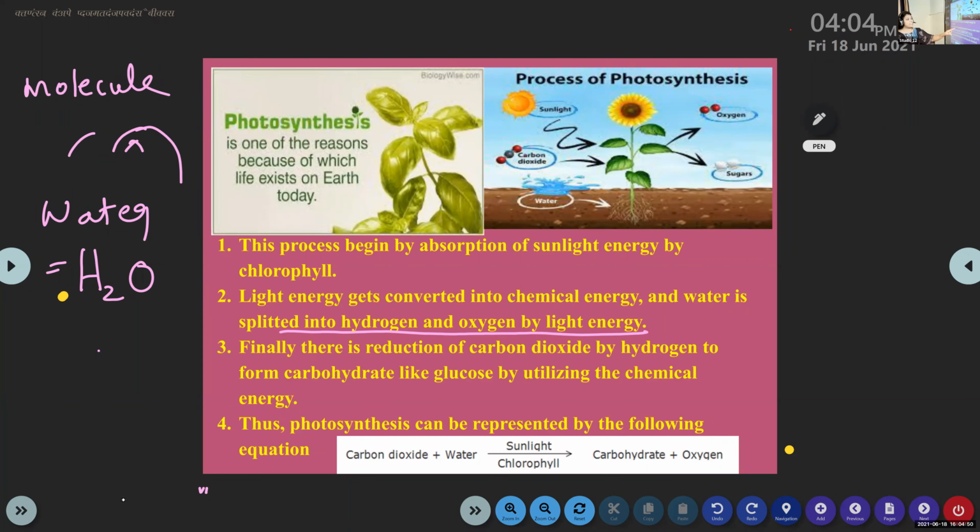Similarly, I taught you, so what is happening in the second part? In photosynthesis, what will happen? The plants will receive sunlight energy with the help of chlorophyll. So chlorophyll is helping them to get the sunlight energy. Then light energy gets converted into chemical energy.